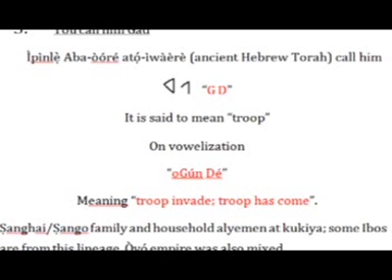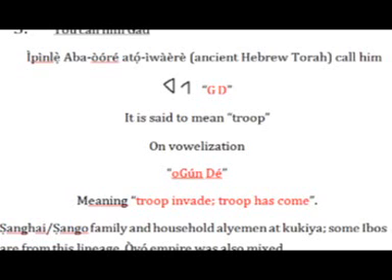On vowelization we have Ogunde. That is troop invade. Troop has come. So Ogun is actually something like march, and soldiers, like plenty soldiers. So Ogunde, troop invades.